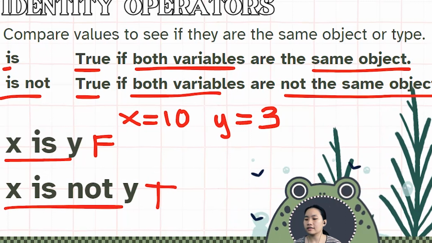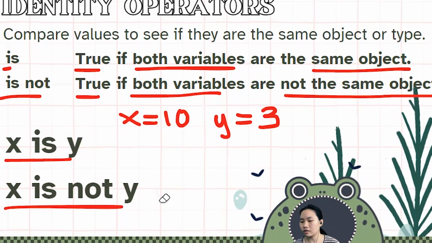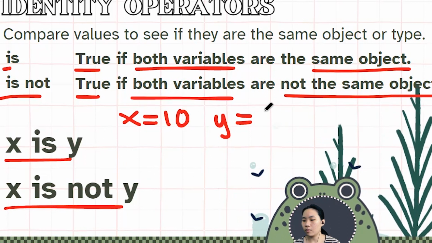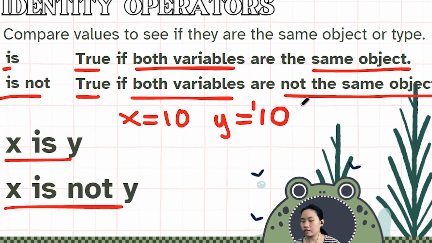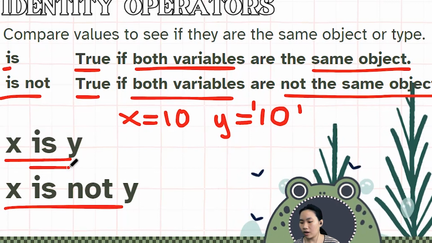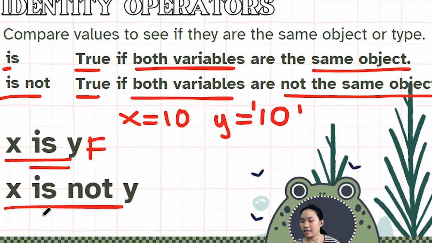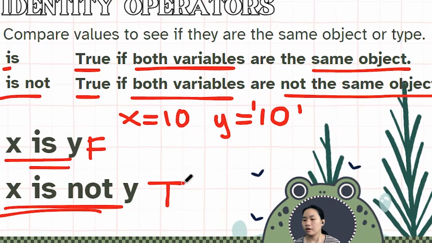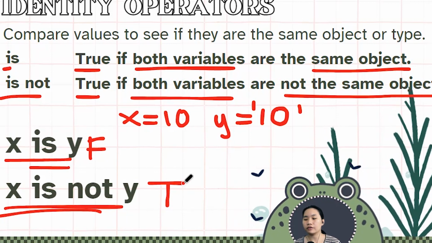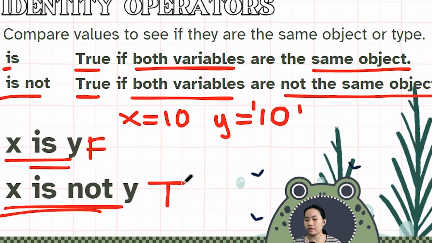Now, not only does this apply to different values, it also applies to different types. Now, I'm going to make y exactly like x, but I'm going to make it a string. Now, x is y will return false and x is not y will return true. Even though they are of the same value, they are of different types, okay?